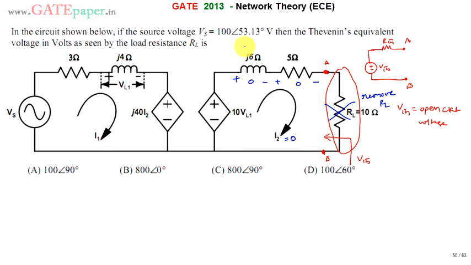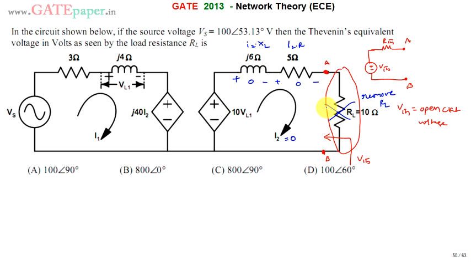The voltage drop is calculated using I2 into XL and I2 into RL. As I2 is 0, 0 into something is 0, so there is no voltage drop across these two elements.